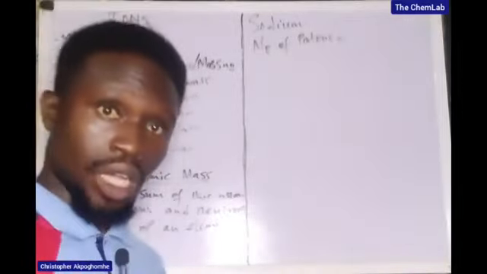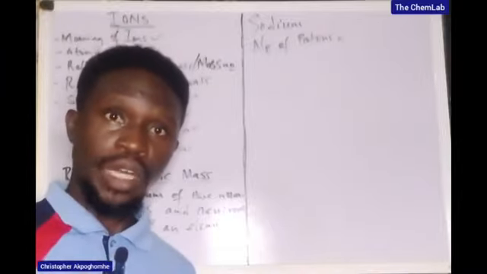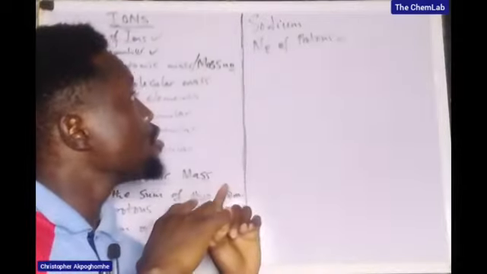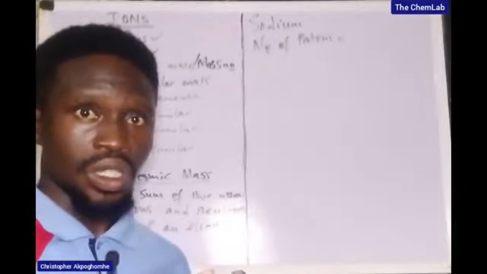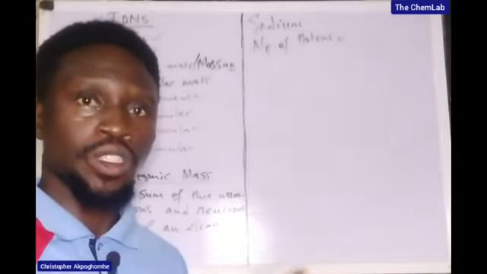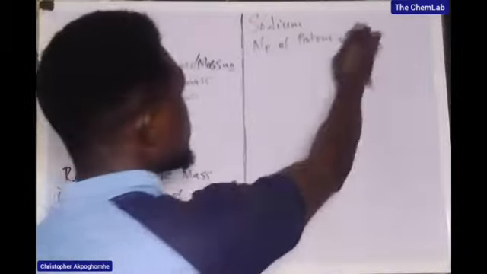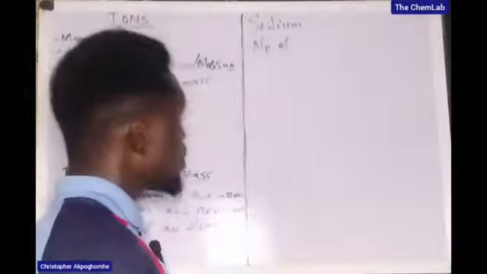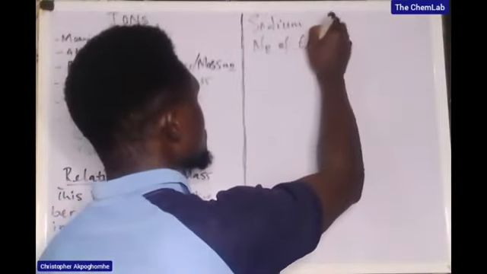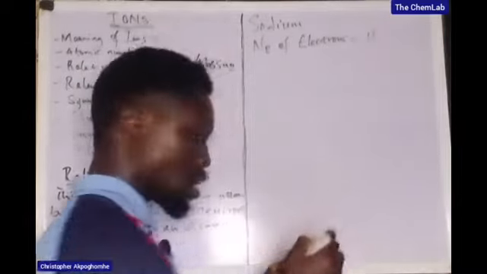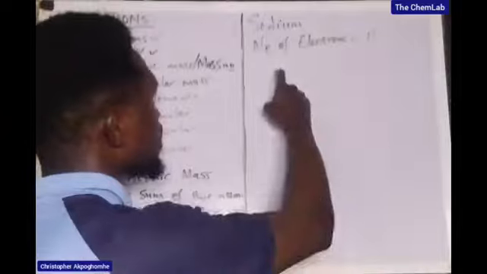We said that the number of protons is equal to the number of electrons, and that the number of electrons for sodium is 11.